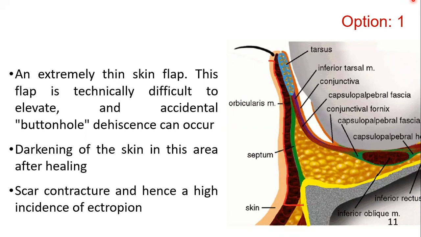Presumably, the skin becomes avascular and essentially acts as a skin graft. Subcutaneous dissection produces an extremely thin skin flap predisposed to scar contracture and hence a high incidence of ectropion.